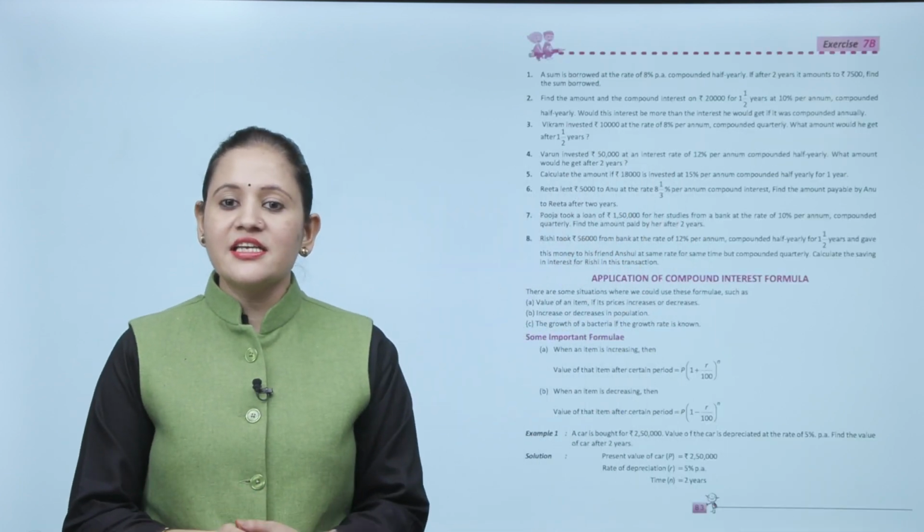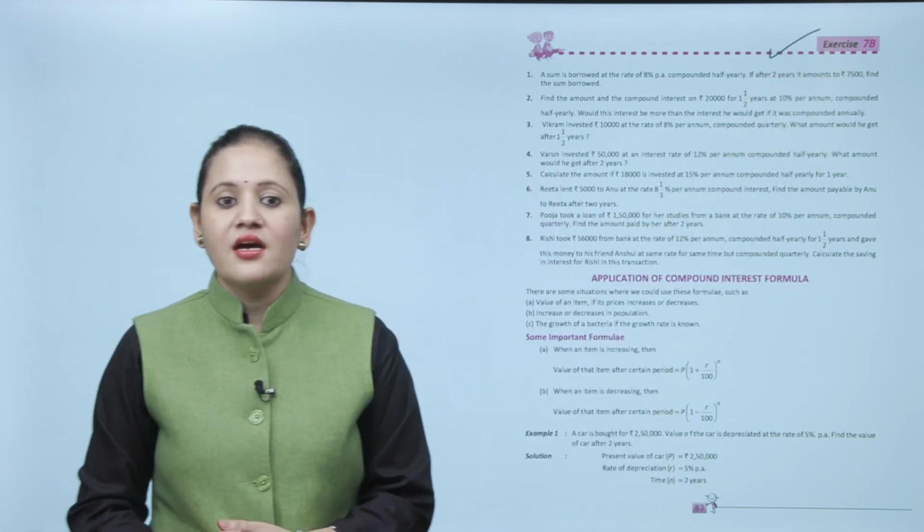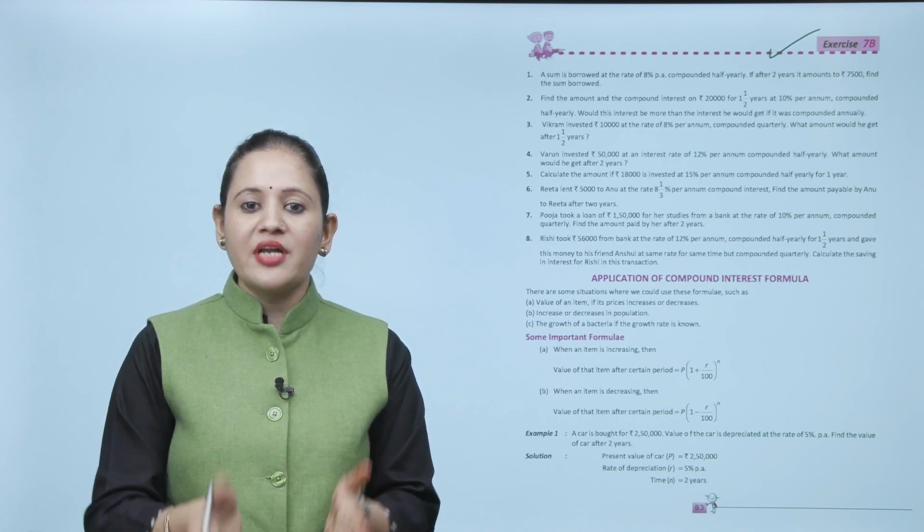Next is exercise 7B. A sum is borrowed at the rate of 8% per annum compounded half yearly.